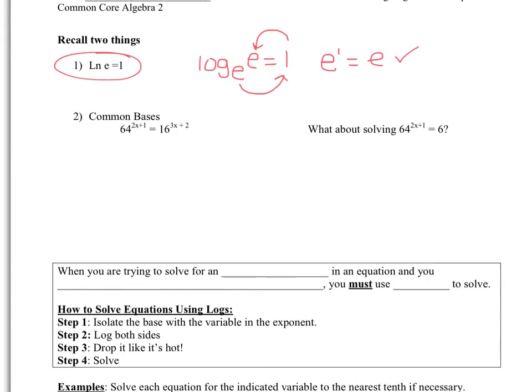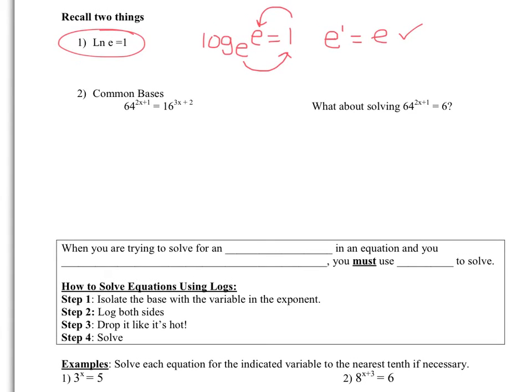Okay, the second thing I want to talk about is common bases. It's been a while since we've done it, but let's look at this example here. So we have 64 to the 2x plus 1 and 16 to the 3x plus 2. If I want to solve for the exponents, the values that are up here, we'd have to find a common base. Now with 64 and 16, you could use either 2 or you could use 4. I'm going to use 4. So what you would do is rewrite 64 as 4 to the third, and raise that to the 2x plus 1 power.